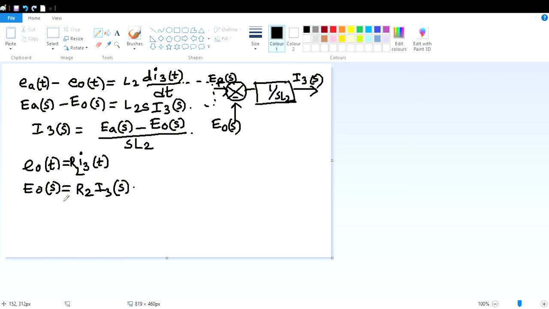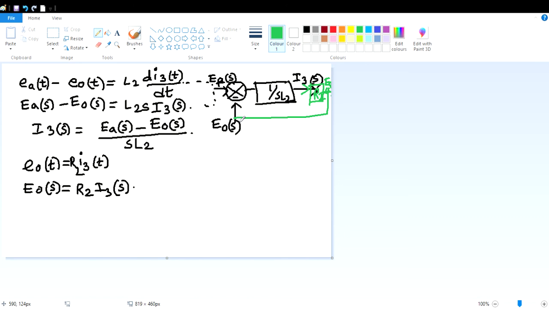So from here we can get E0 from I3. Now if I multiply R2 with I3, I will get E0(s). So I will put this E0 here.